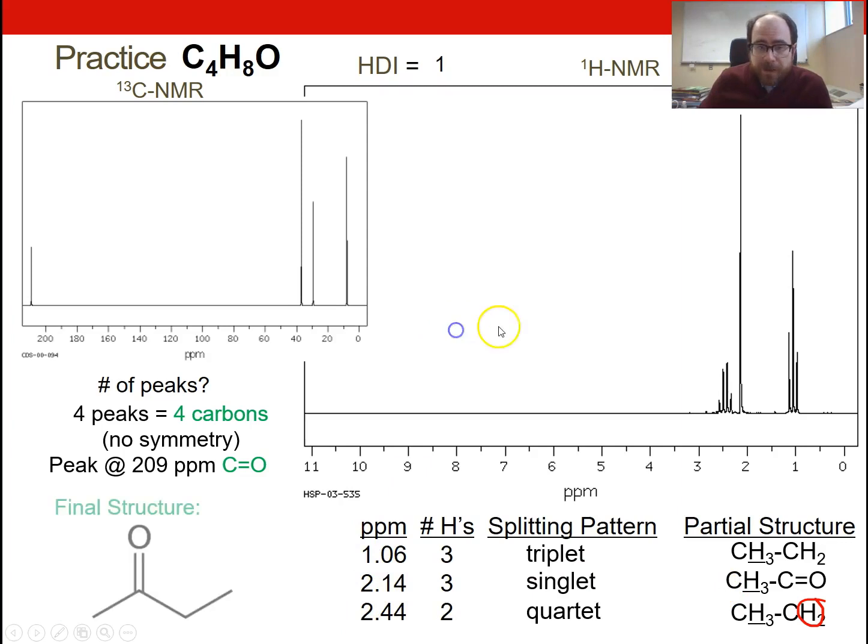So if we put all of those pieces together, we have our 4 carbons, and then we have our 3 other carbons that we did not necessarily assign from the carbon NMR spectrum, but based on the proton NMR spectrum, utilizing integration and multiplicity, we were able to identify the unknown compound.